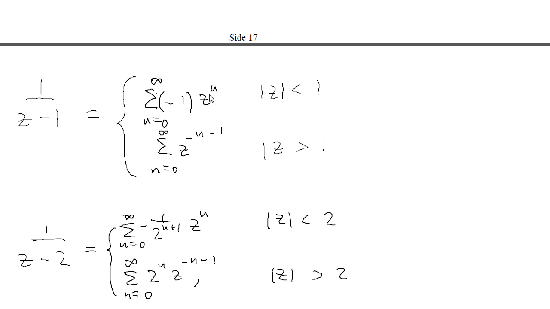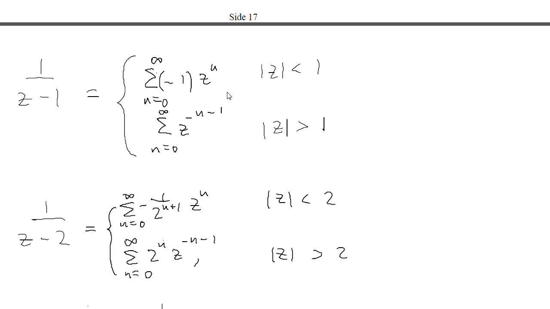What we're seeing here first is that for an absolute value of z less than 1, then we have this series expansion of this first term. And of course, in the same region, we also have this series expansion for this term, because this disk, the unit disk, is contained in the larger disk.